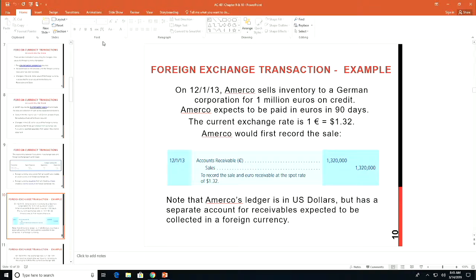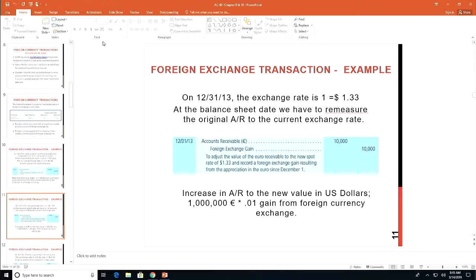When you close your books, you have to check the exchange rate between euro and dollar, and you have to calculate your gain or loss. Although the transaction is not completed, we're still going to do it. So on December 31st, we found that 1 euro means $1.33.